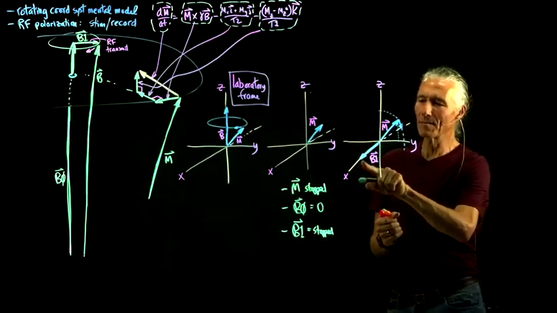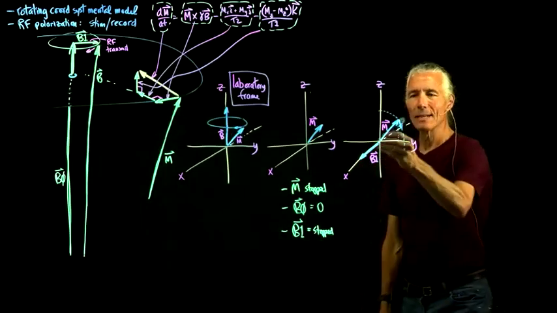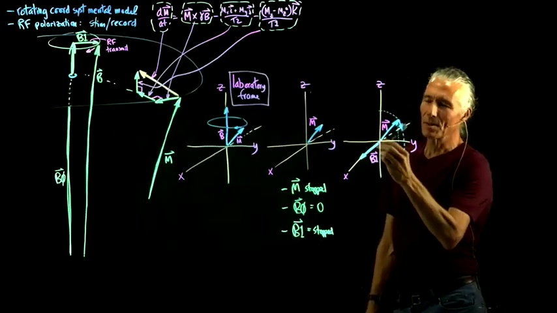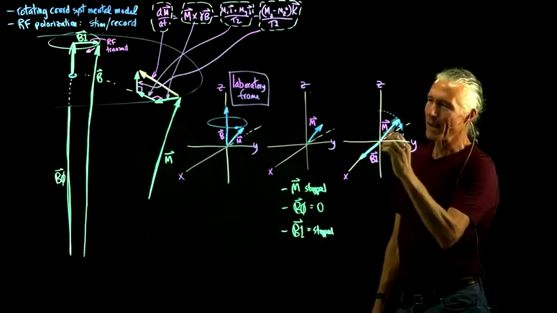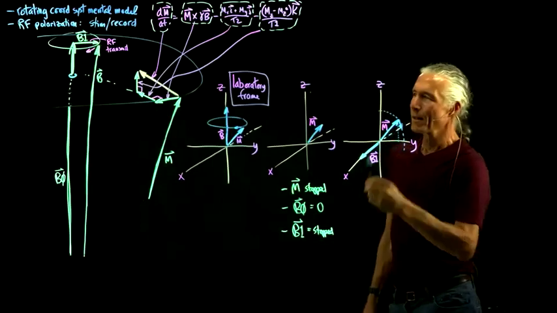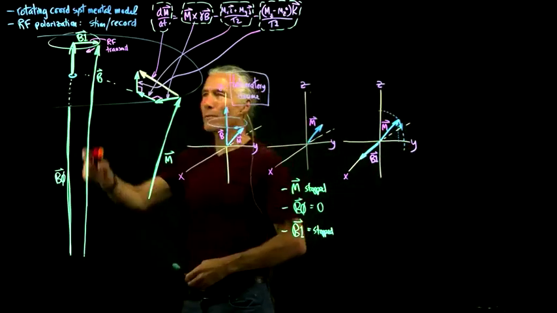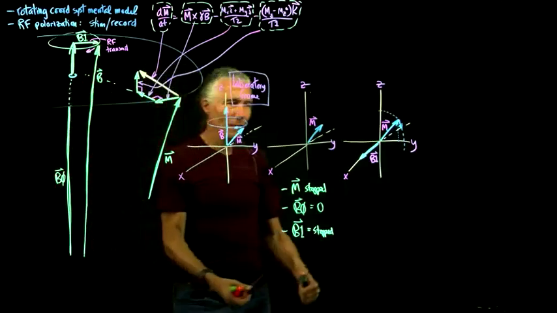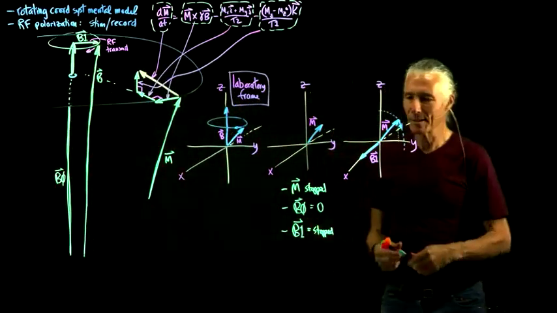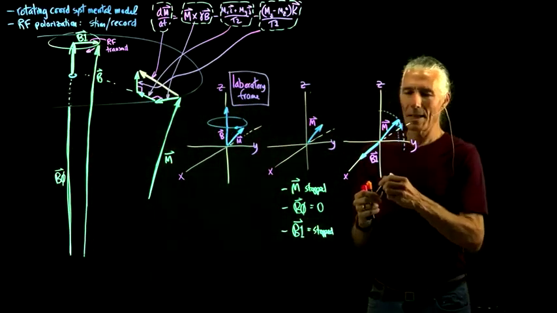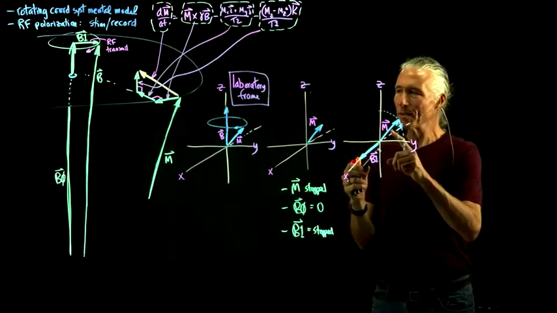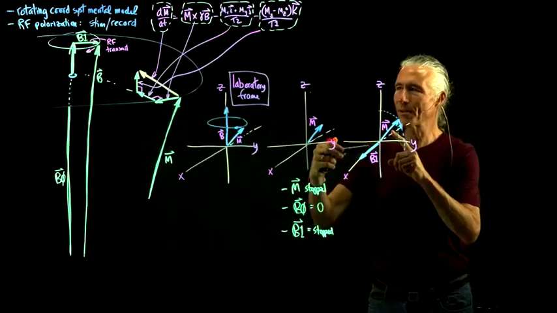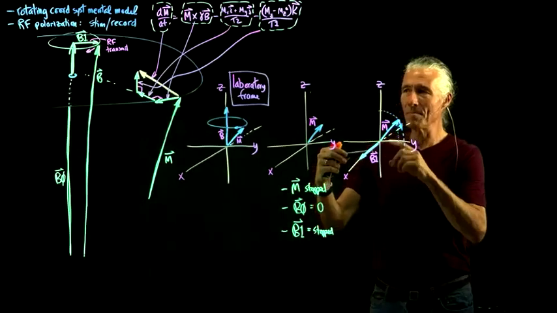You can imagine for the B1 field, say the m vector starts at time t equals 0 on the y-axis and it's going around. Now when we apply the B field, we could start it up at various times. We could start the B field up in sync with the M field, or have it a quarter cycle ahead of the M field.